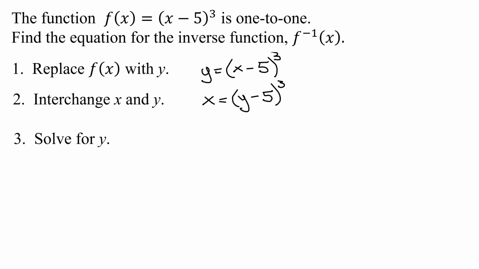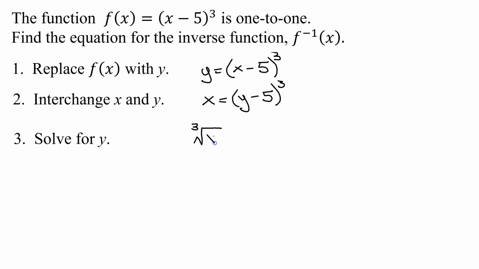Step 3 says to solve for y. This is normally the hardest step, and I need to get y all by itself. So the first thing I'm going to have to do is undo the cube function. And what undoes cubing? Taking the cube root. So I'm going to take the cube root of both sides.